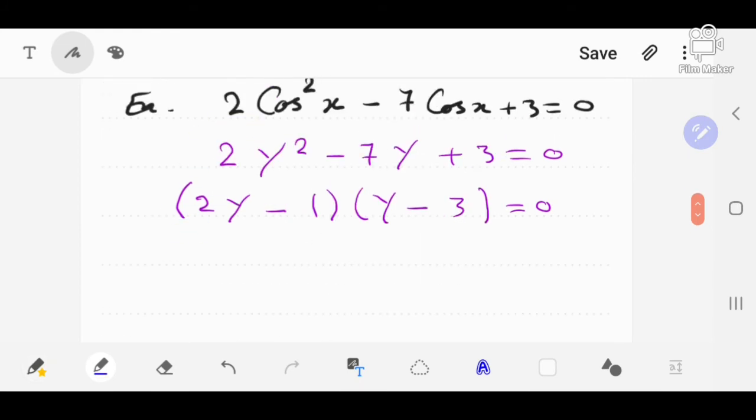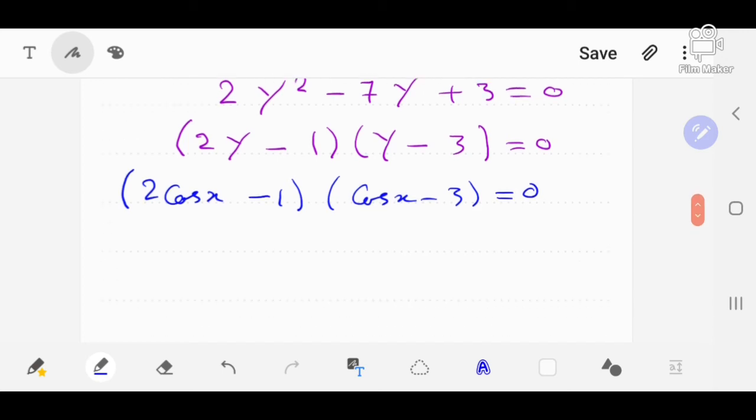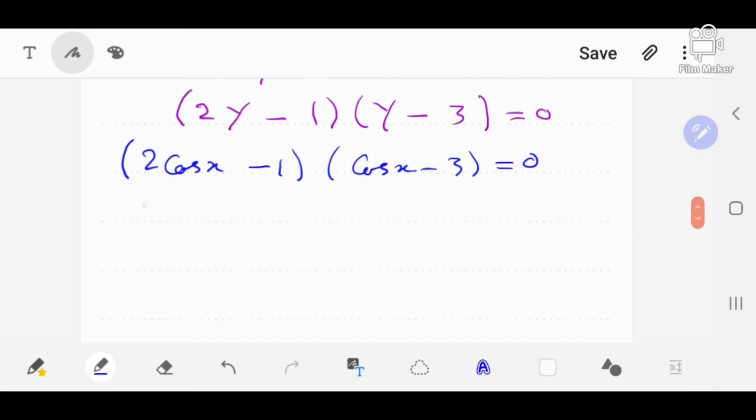You can jump immediately if you are able to do that. This means we have 2 cosine x minus 1 times cosine x minus 3 equals 0. Now each bracket equals 0, so cosine x equals half, or cosine x equals 3.